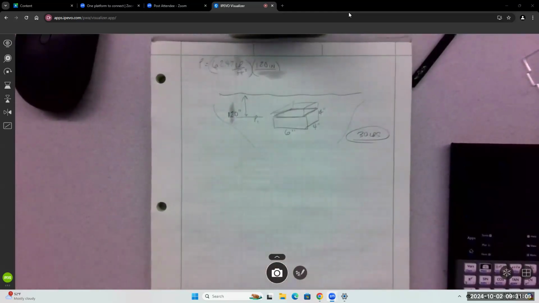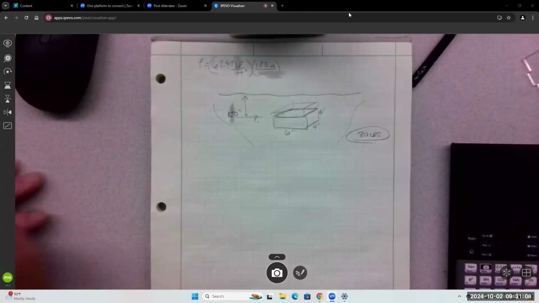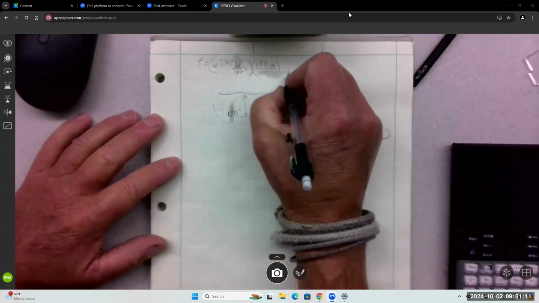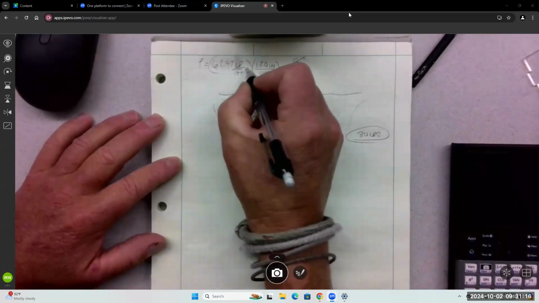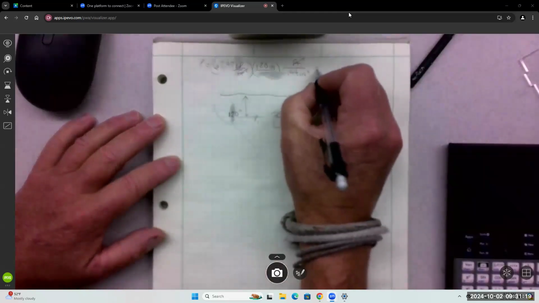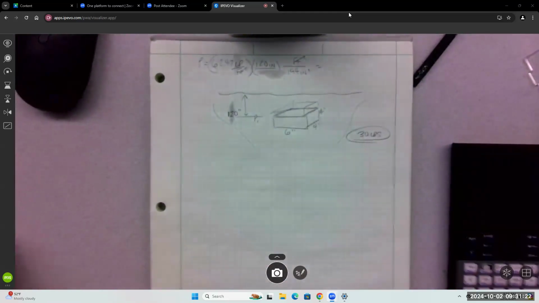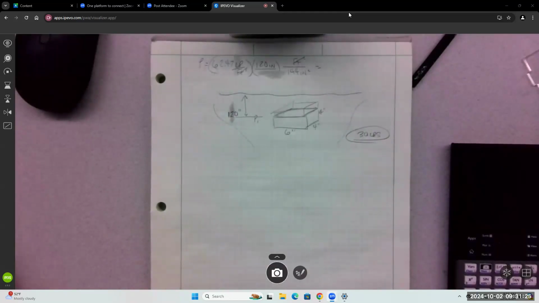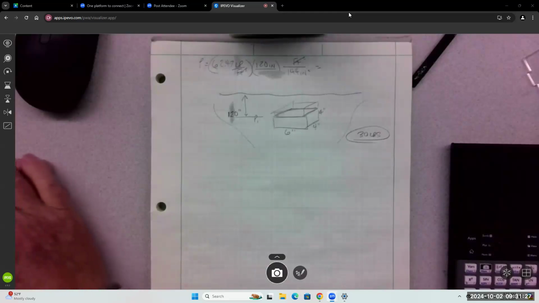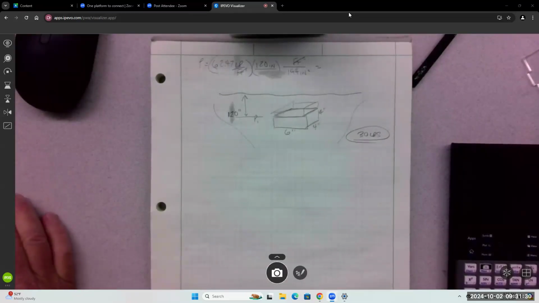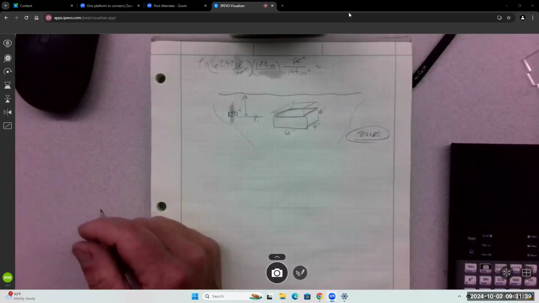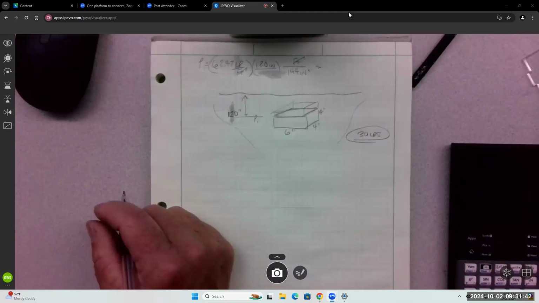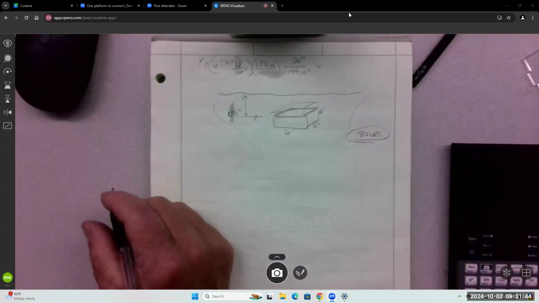We'll have to convert the other one. Just divide by 0.4. Yep. What do we get?